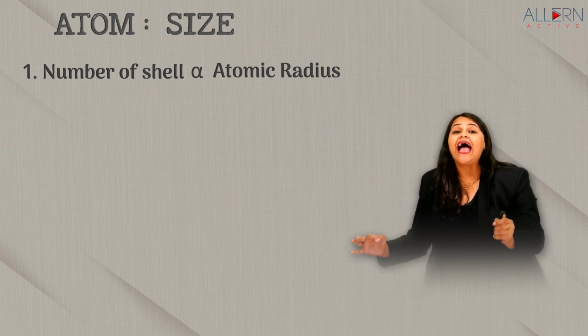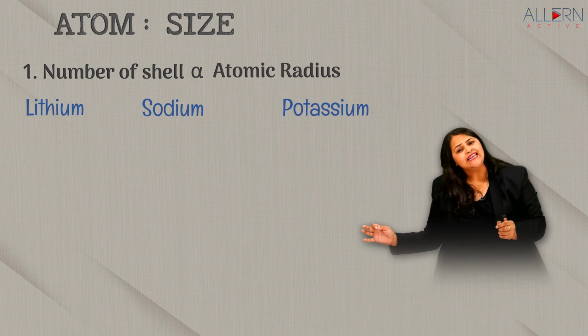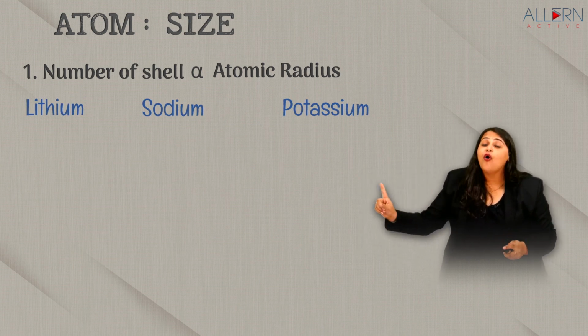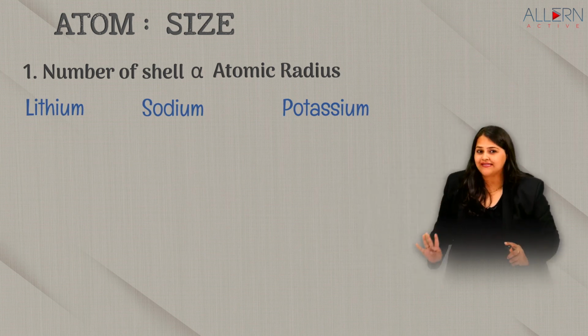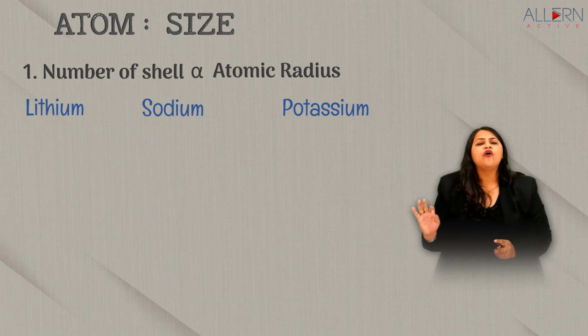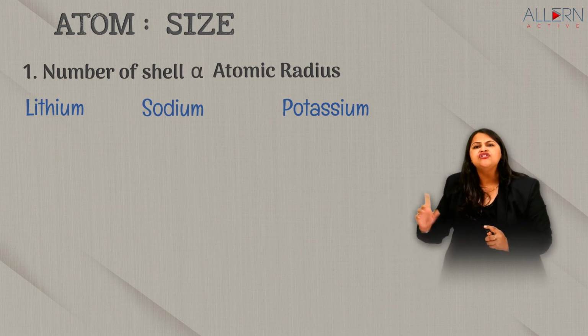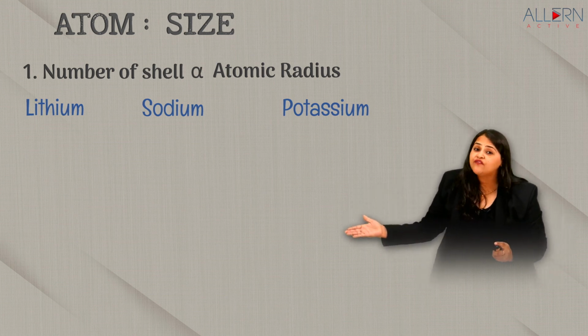So here we have this knowledge with an example. Let's see. We take three elements: lithium, sodium, potassium. Of course they have their own atomic numbers which give us the electronic configuration.